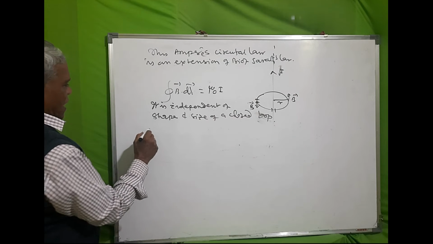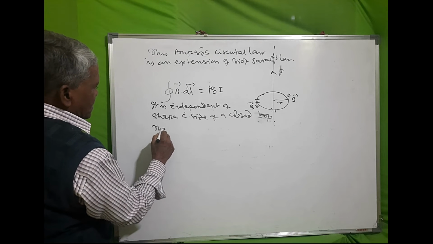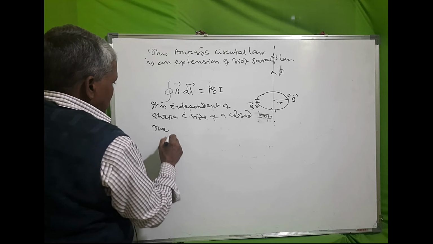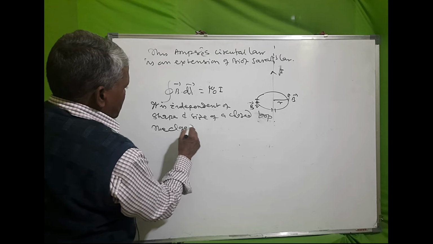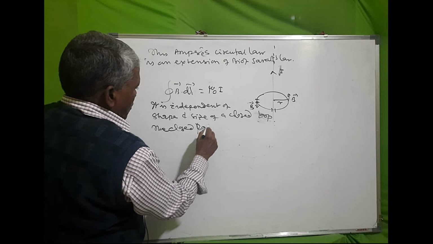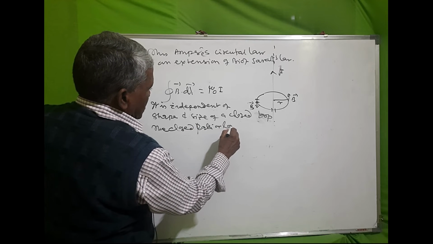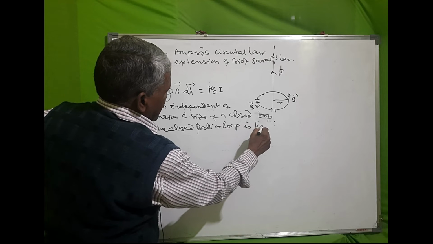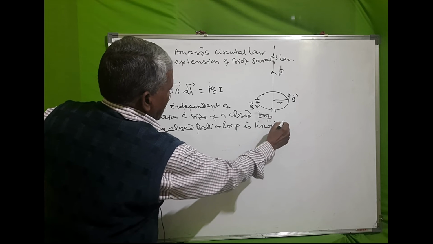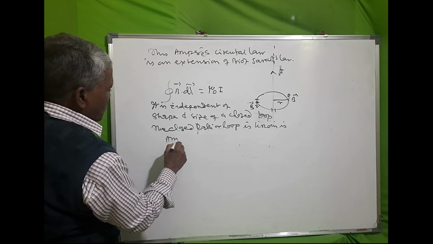And this closed path, or loop, is known as the Amperian loop.